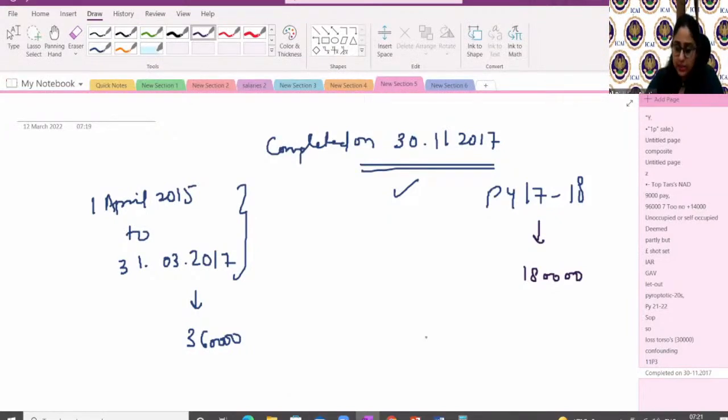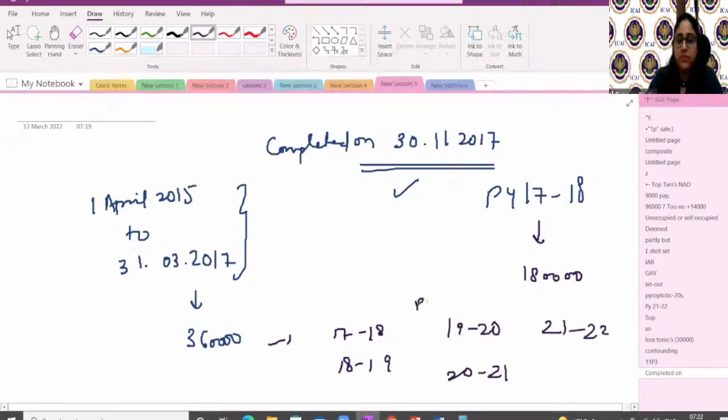So 180 this. Now we have to see what is the period of claiming the pre-construction period installment. The period will begin from 17-18, 18-19, 19-20, 20-21 and 21-22. All of these are the previous year. Okay?